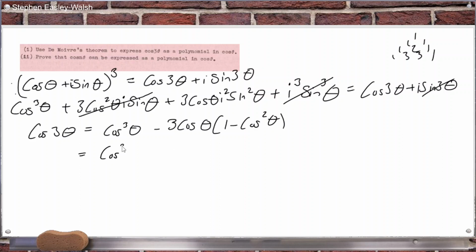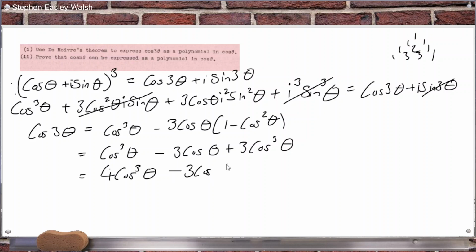So that's cos cubed theta minus 3 cos theta plus 3 cos cubed theta. So that's 4 cos cubed theta minus 3 cos theta. That's what it looks like. Minus 3 and plus 3. Yeah, I think that's okay.